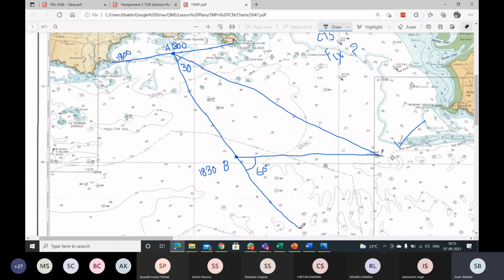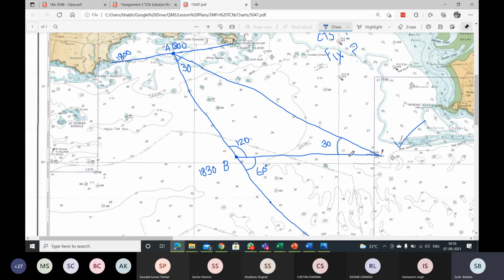This is my course steered line. This is Helvig light vessel. Up to here, everybody okay, beta? Any doubts up to here? No, sir. Okay. Very good. Now, beta, if this angle is 60 degree, can you tell me what will be the inner angle? 120. Very good. It will be 120. And if this is 120, can you tell me what will be this angle? 30 degrees.